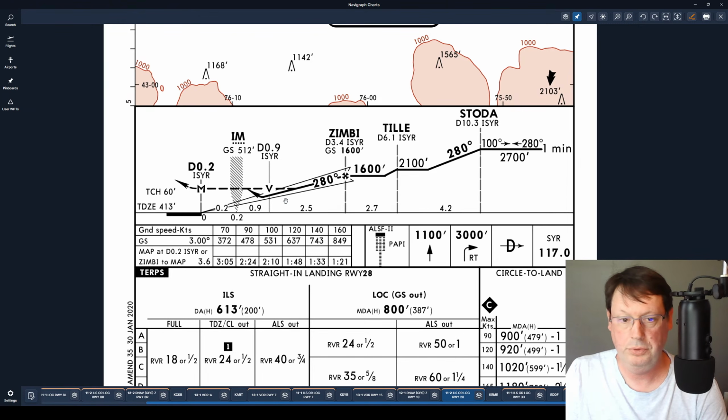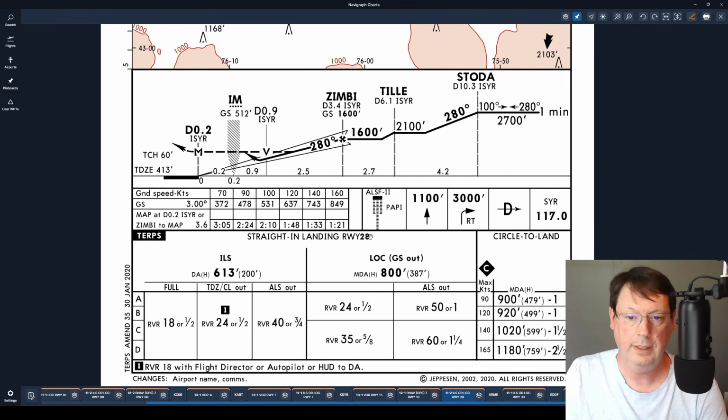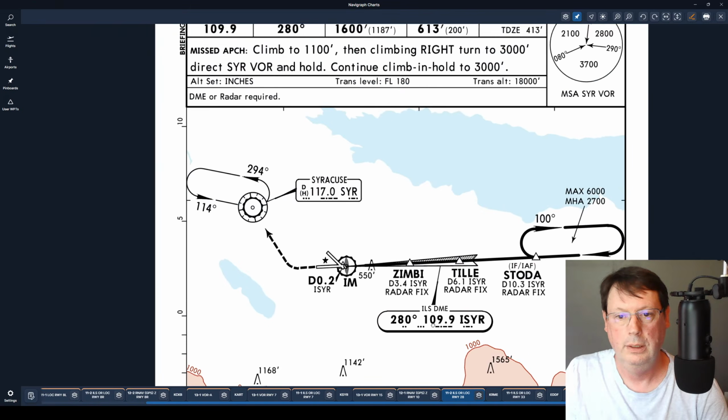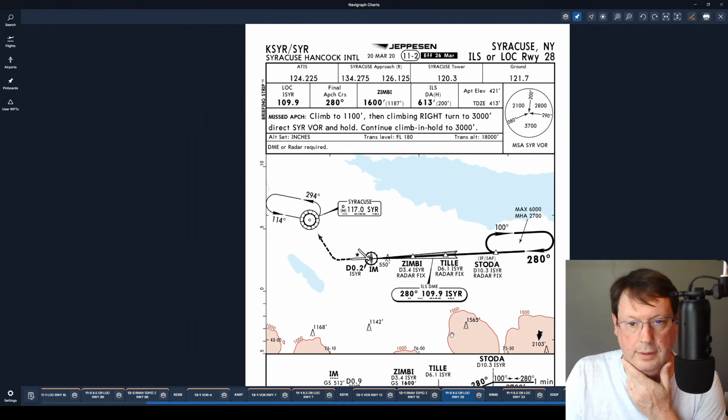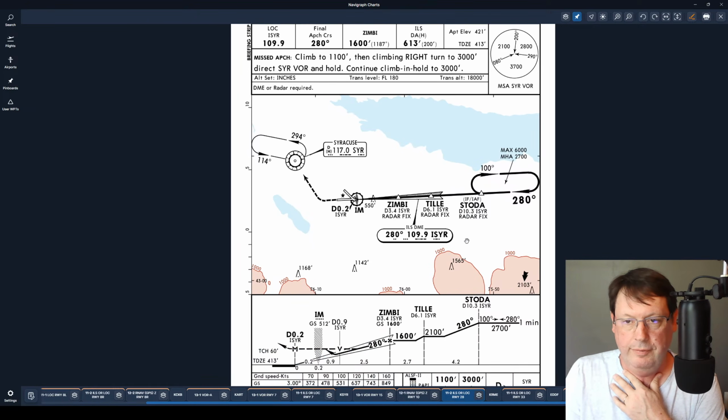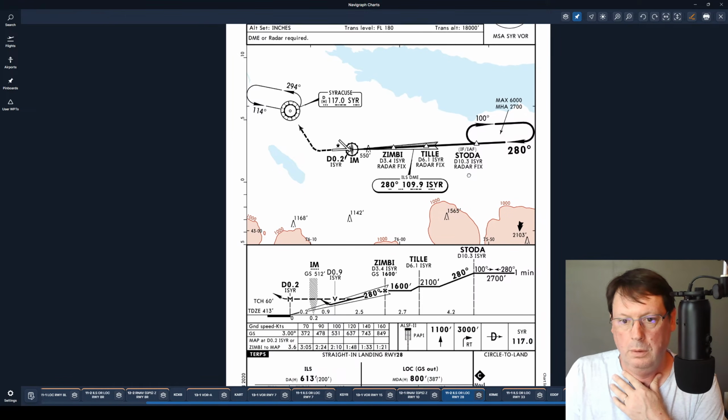Look at this, pretty straightforward. 613. I want my lights, and I'm done. That's all I need. I could pick this apart and find out some more information, but if I need to brief it in a hurry, that's what I'm going to do.